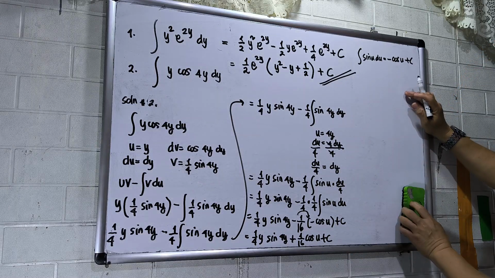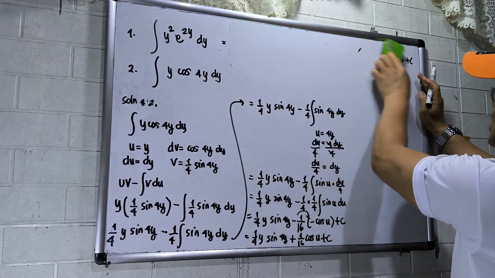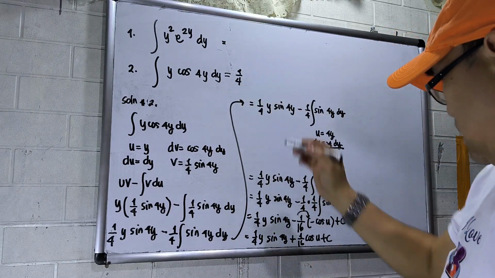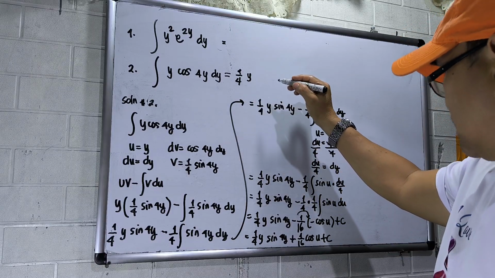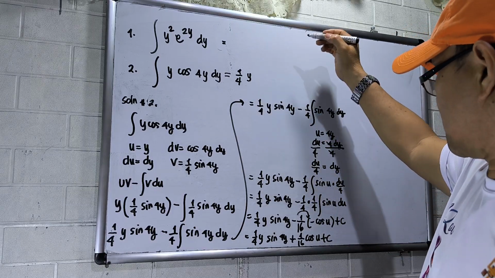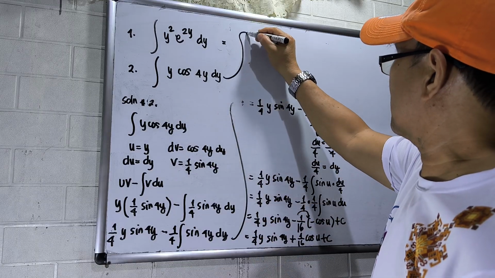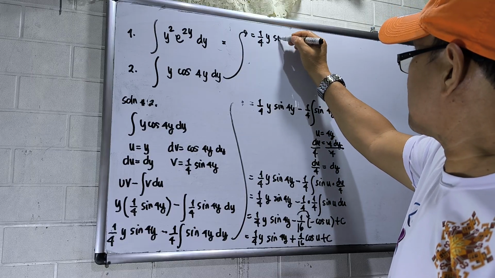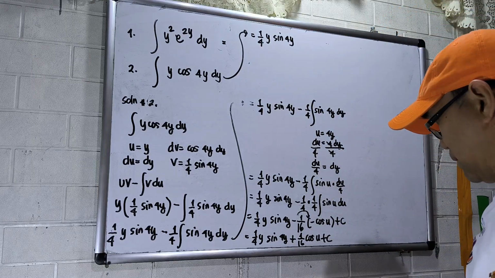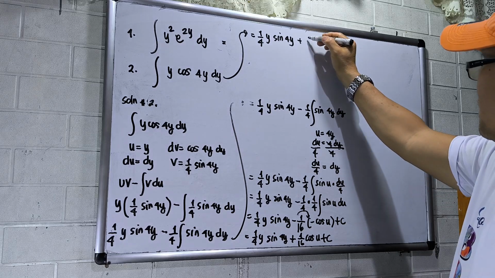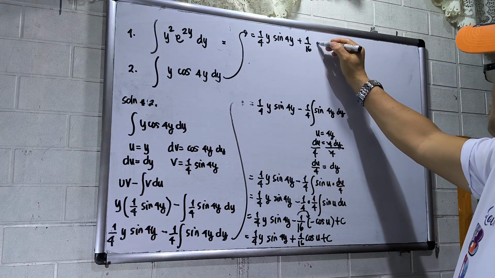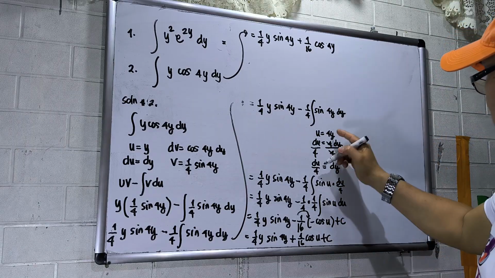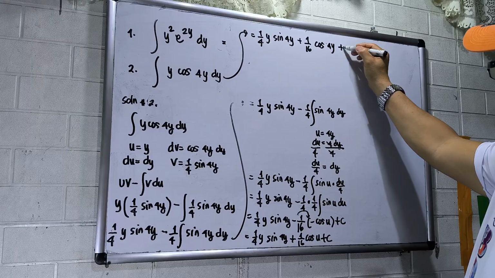Okay? What's the value of u? So 1/4 y sine 4y, then plus 1/16 cosine, u is 4y in here, 4y, and then plus c.